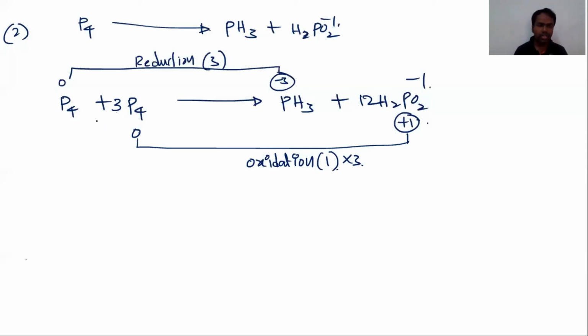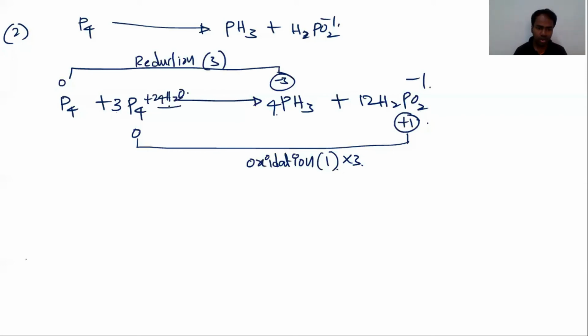The next step is to balance all atoms other than hydrogen and oxygen. Here 4 phosphorus are there and here 1 phosphorus, so put 4. Now phosphorus is balanced. Now come to the oxygens. Here 12 times 2 is 24 oxygens, but this side has no oxygens, so add 24 water molecules.